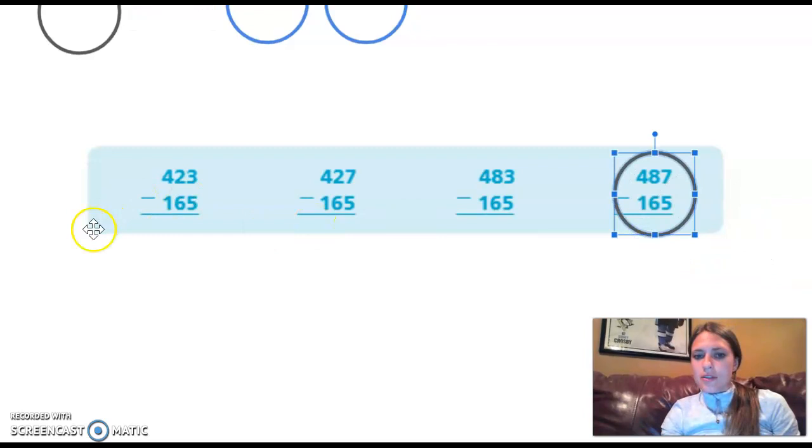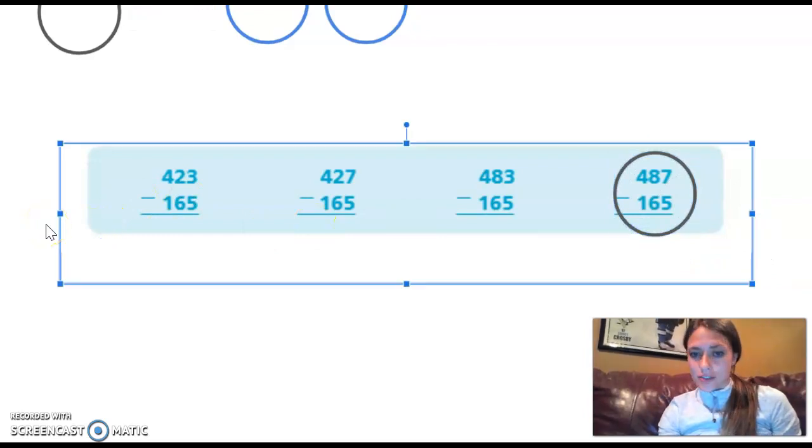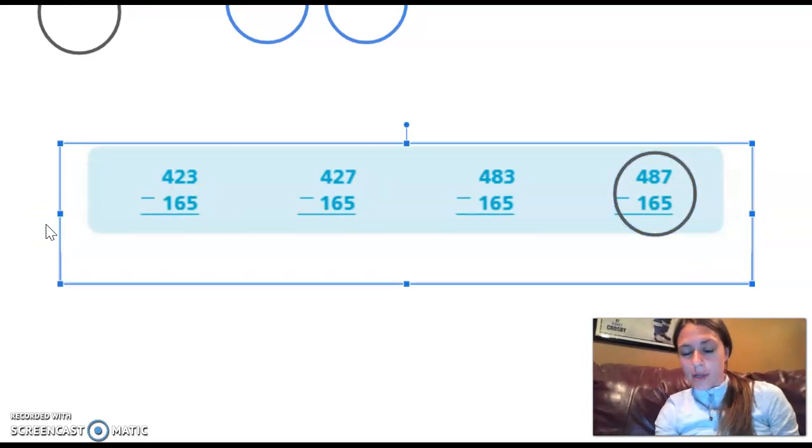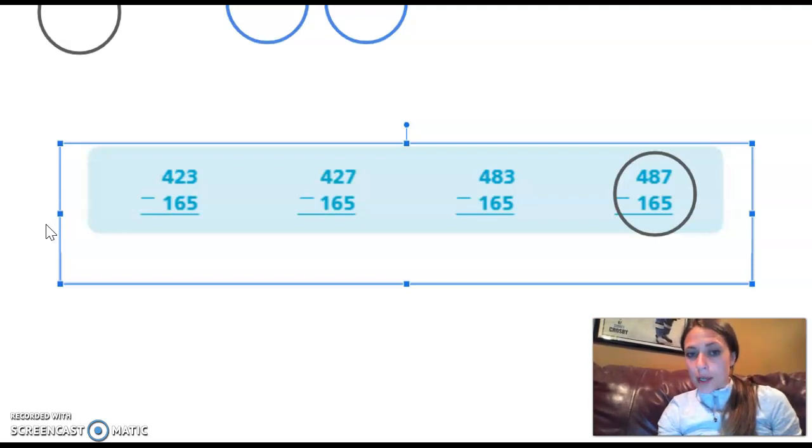Now I want you to look at the remaining three problems, and I want you to think about which problem you only need to ungroup once, either in the ones place or the tens place.